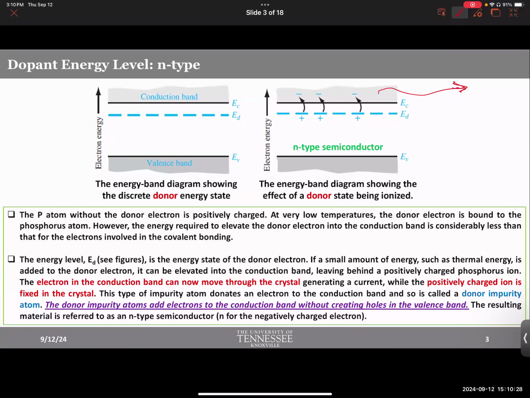Remember, when charge is staying somewhere, that's not going to lead to electric current. Only when the charges move around do you have electric current. So these electrons can give rise to an electric current, and donors will stay put. They will not do anything. All right. Whatever I explained is also mentioned in detail in this text, so please read it and let me know if you have any confusion.